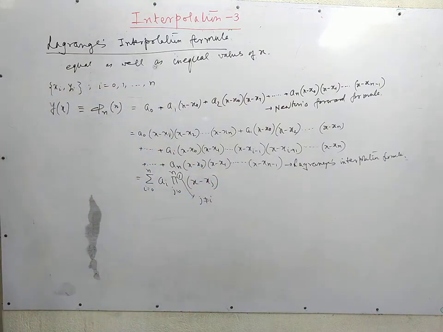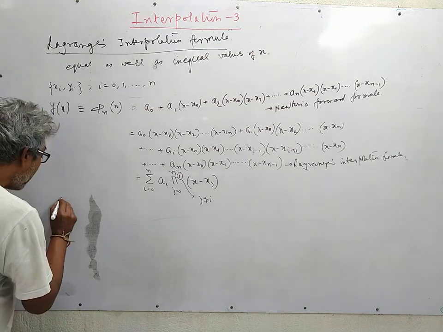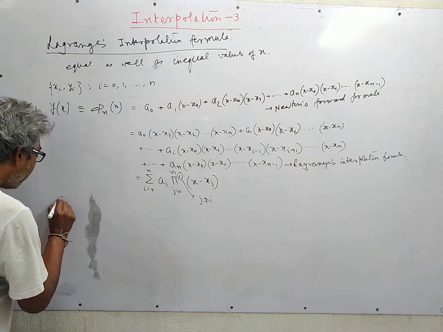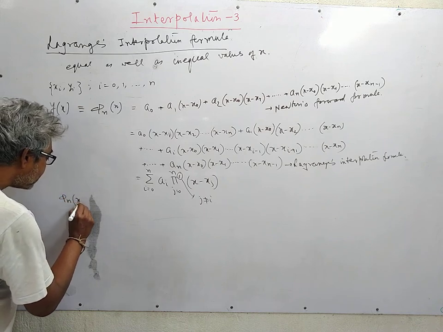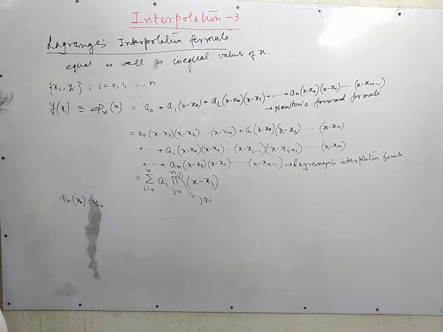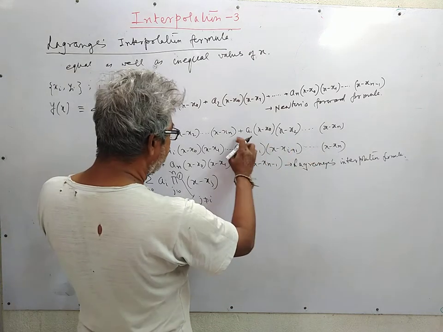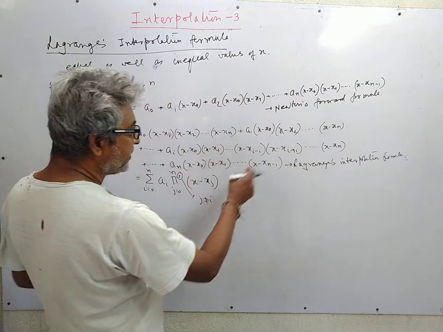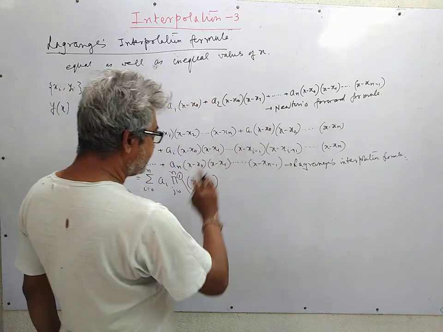This is the simple formula, and if we want to find the coefficients, as usual, phi n at x equal to x0 is y0. You see that all the terms except the first one are 0, because they involve the x minus x0 term.